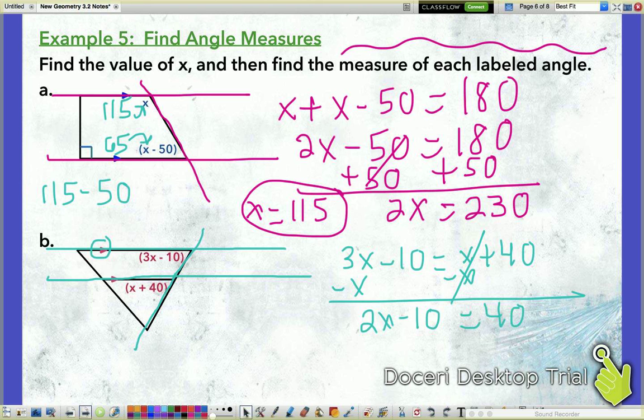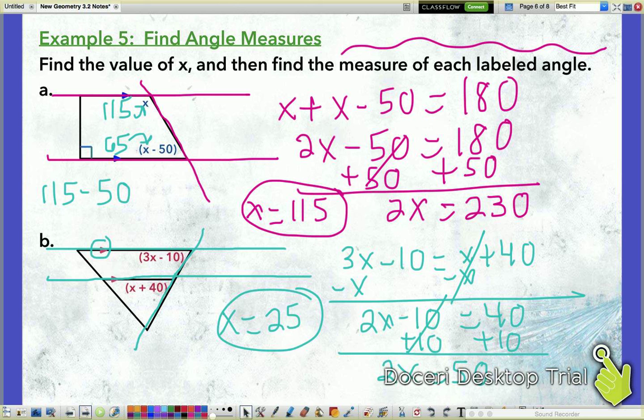Add 10. Divide by 2, x is 25. Now it wants me to plug it back in for the angle measures. So 25 times 3 is 75 minus 10 is 65.